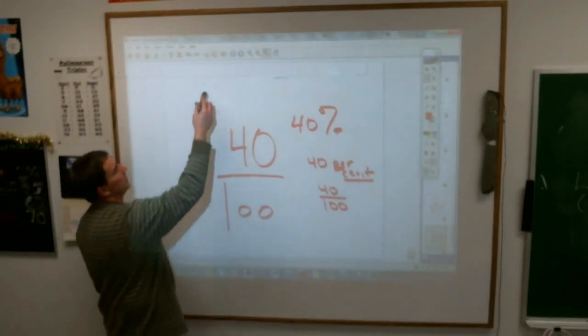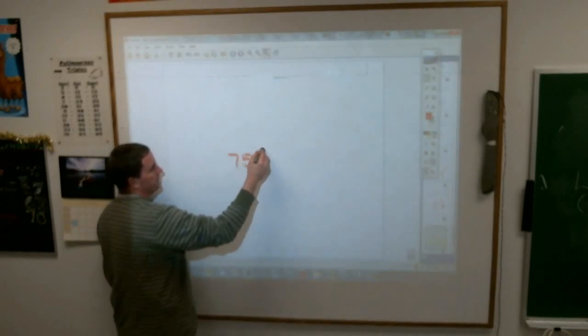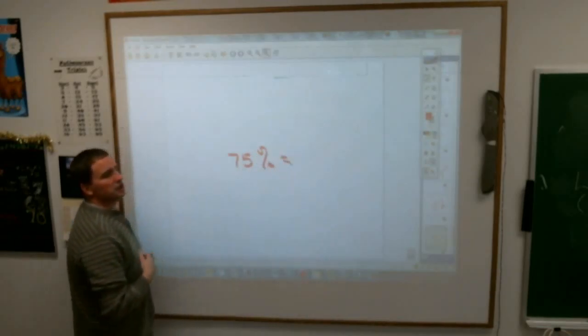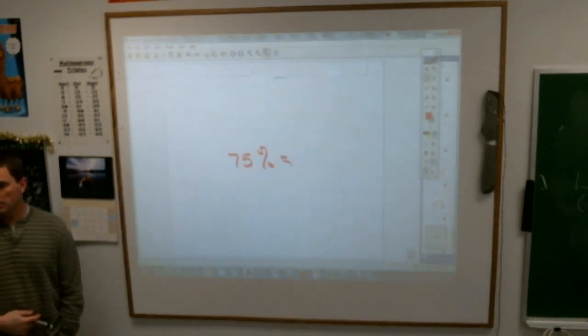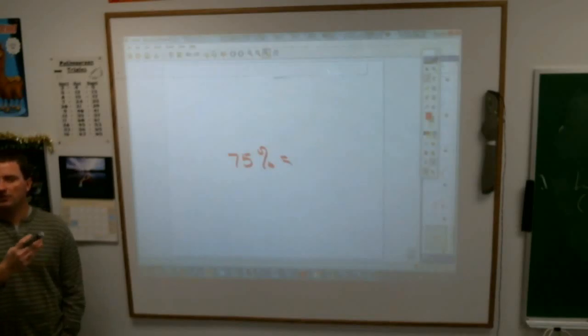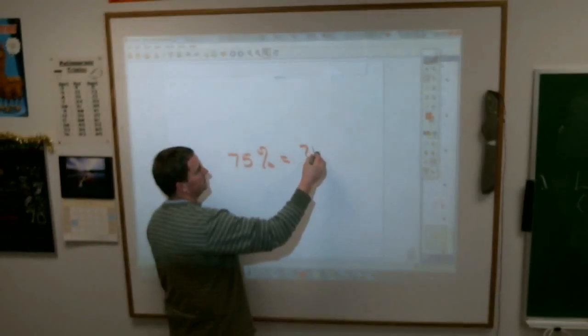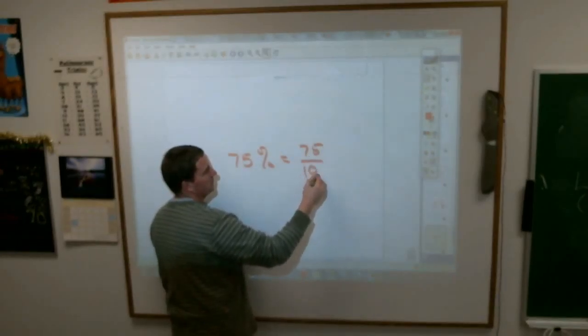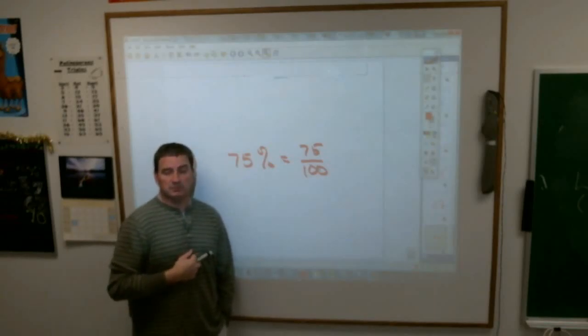So if I asked you, if you had 75%, what fraction do you suppose 75% can be changed to? Knowing that percent is out of 100, or per 100, Jaden, it is? 75 hundredths. Yep, 75 over 100. What decimal would 75% of a dollar be?